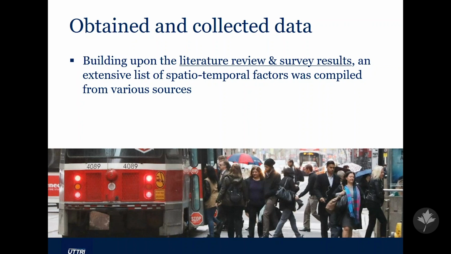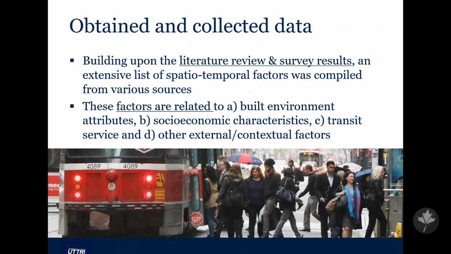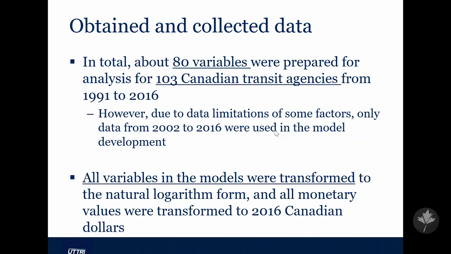UTTRI was very generous to give us a lot of agency data, but we also got data from the census and different sources. And those variables were categorized in the 4 classes that I mentioned before: built environment attributes, socioeconomic characteristics, transit service characteristics, and other external and contextual characteristics.